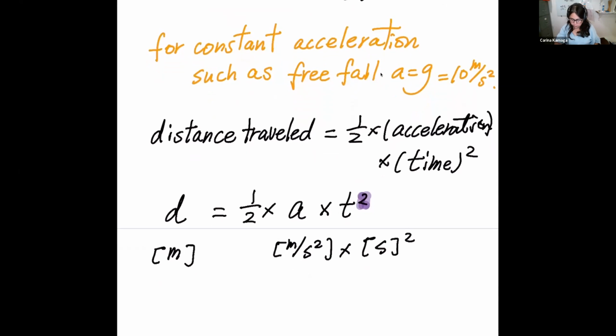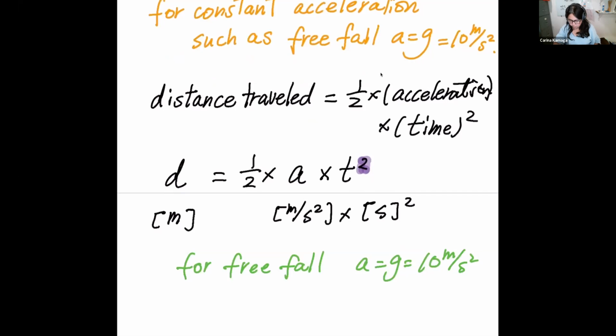So in the case of free fall, acceleration is g, which is 10 meters per second squared for any object.